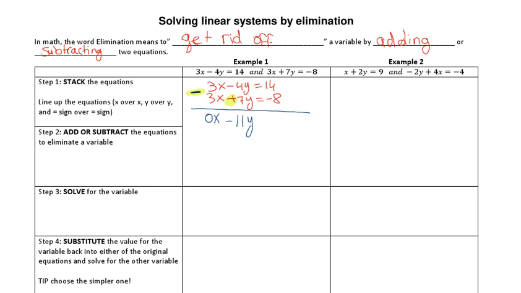Okay? Then I have 14 minus negative 8. I'm going to write it right here. 14 minus negative 8. So what's minus and negative? Positive. So that's 14 plus 8, which is 22. Okay? So that equals 22.